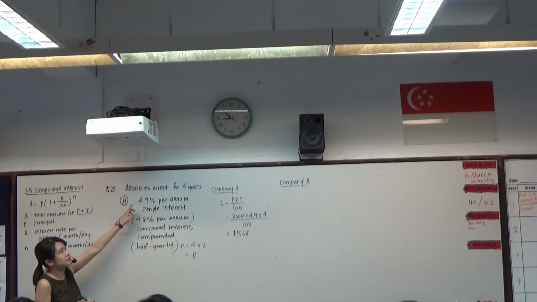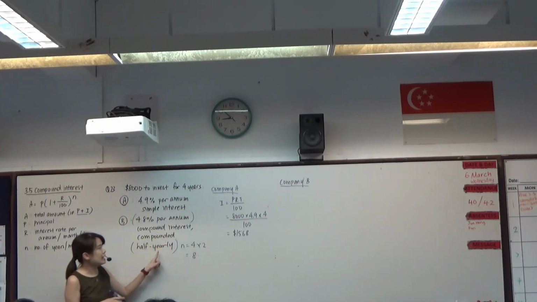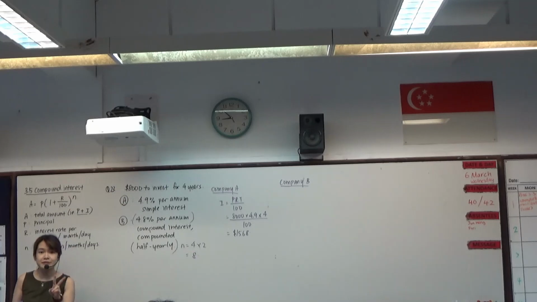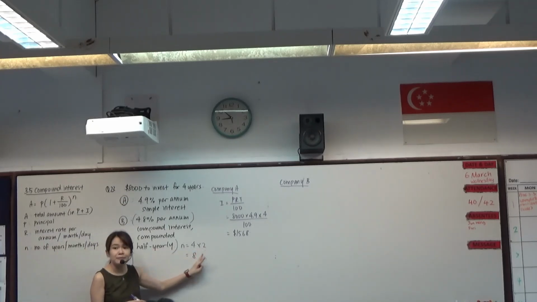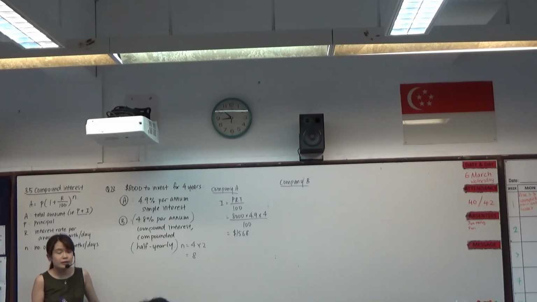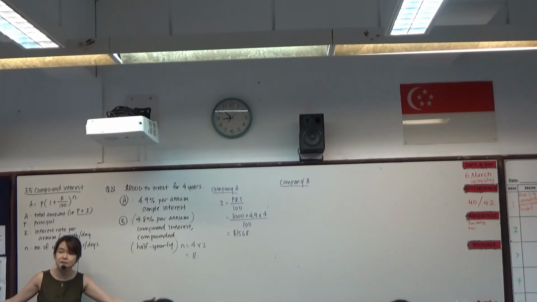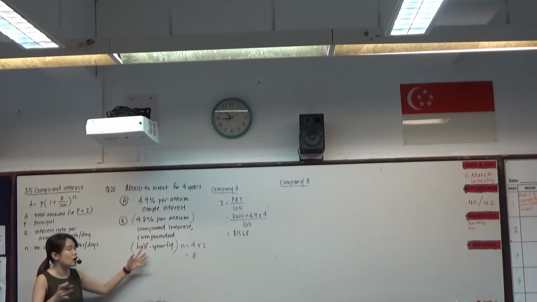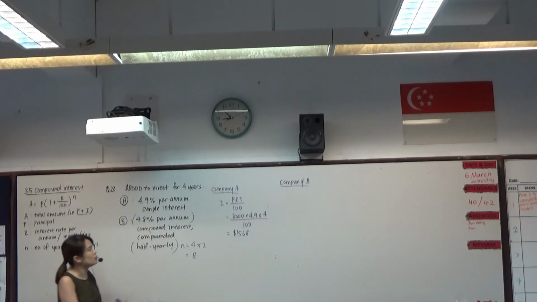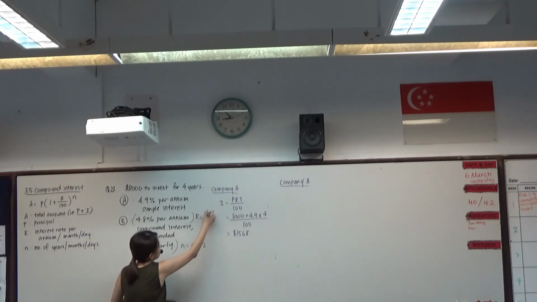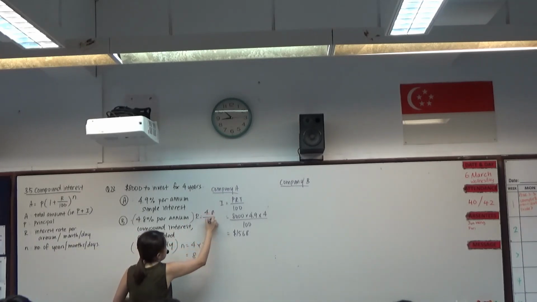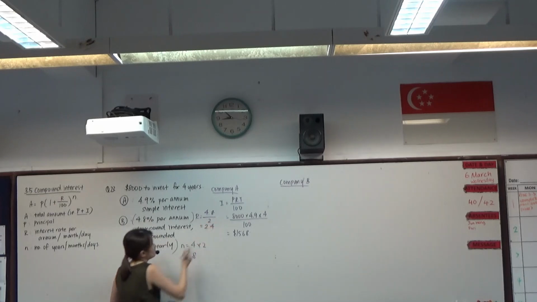Because we are investing for 4 years, and 1 year has 2 half years. So 4 times 2, that will be 8. Nash, could you please wake up? So 4.8% per annum means for 1 whole year, the rate is 4.8%. But because we're compounding half yearly, your rate itself will have to be 4.8 divided by 2, which is 2.4.